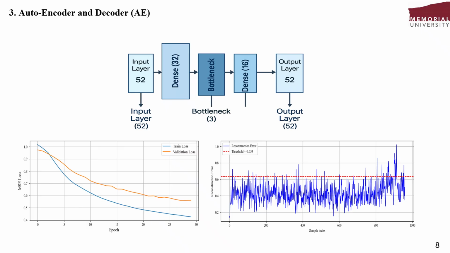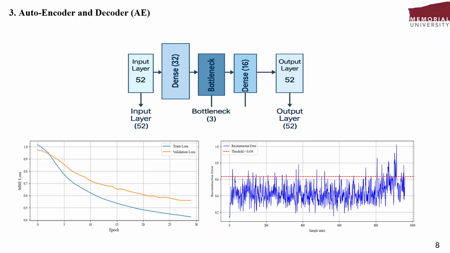And also after training, we compute each test sample's reconstruction error. We set the threshold at the 95th percentile of the fault-free errors. Whenever the test sample error exceeds this threshold, we raise the flag to inform that a fault is happening in the system.